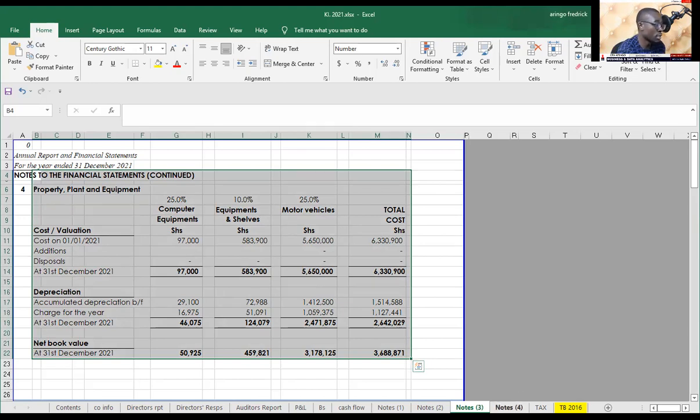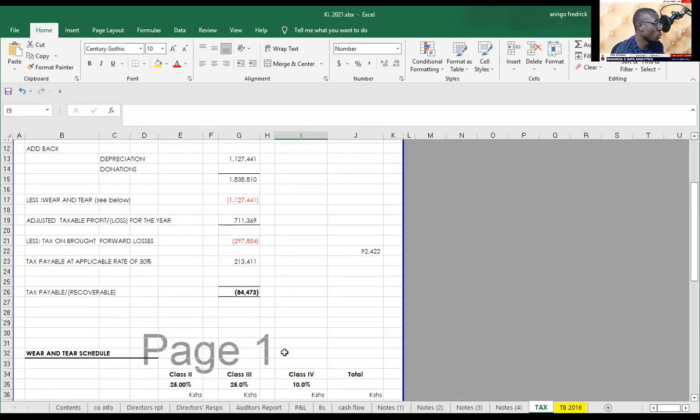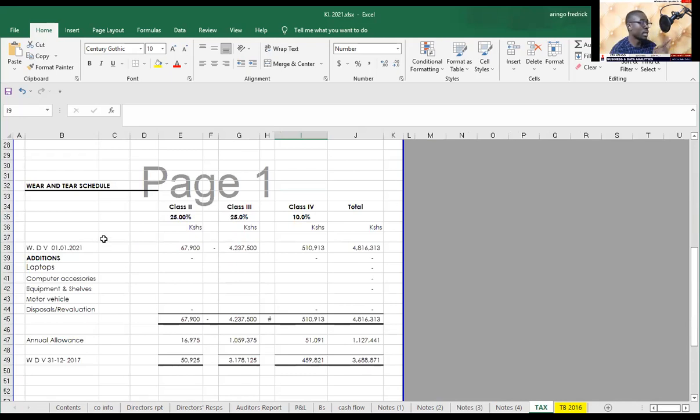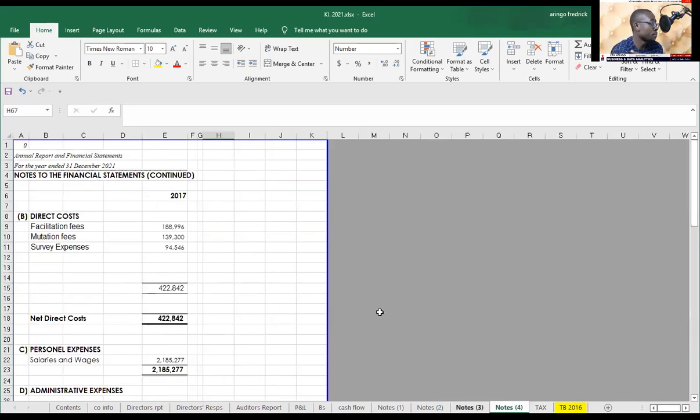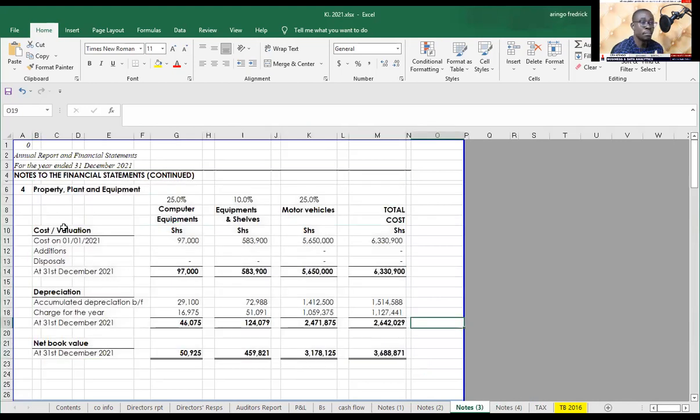when you come to your draft accounts, at the end of the day, you have to prepare your wear and tear allowance schedule. Look at this case and mark it clearly. The first case is the PPE, property, plant, and equipment movement schedule, according to what the company has prepared based on the rates of depreciation that they have adopted, which might be different from the one provided under the Income Tax Act.